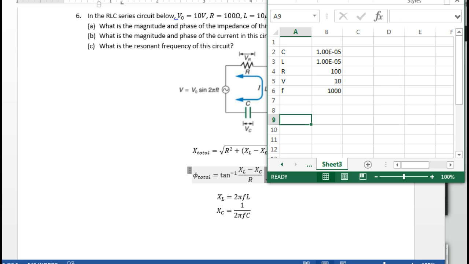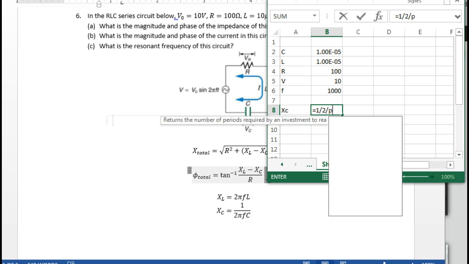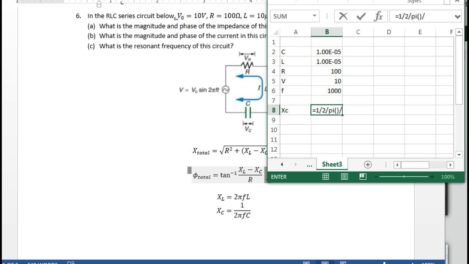So XC, right, is 1 divided by 2 divided by pi divided by frequency divided by capacitance. Right? XL is equal to 2 times pi times the frequency times the inductance.